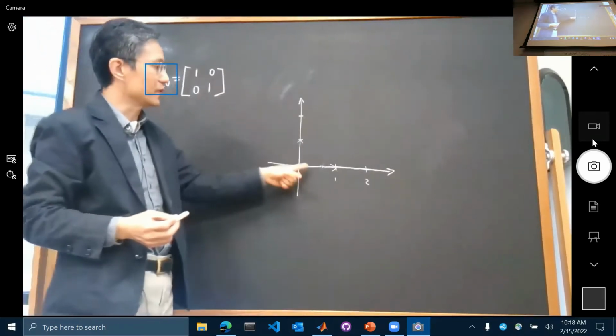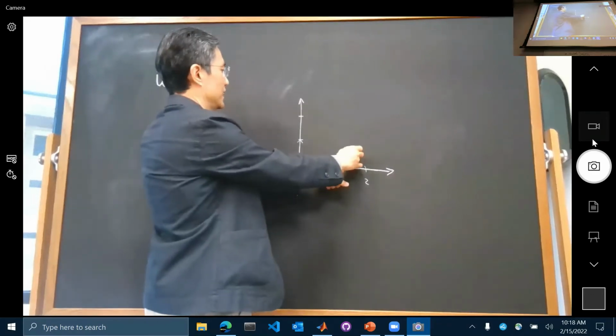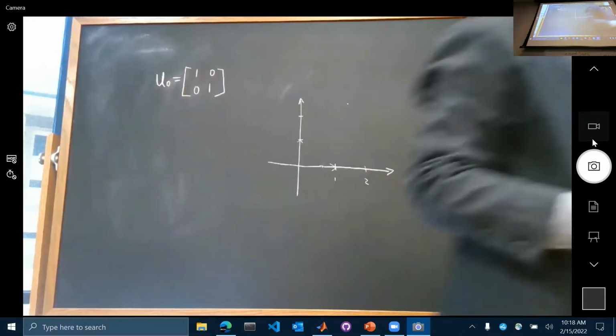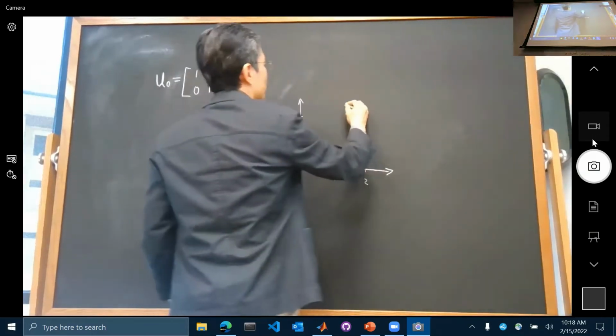Now, if I have a point, say (1.5, 2.5) here, I will call this my first vector, V1. Now I'm going to use my first vector to multiply.